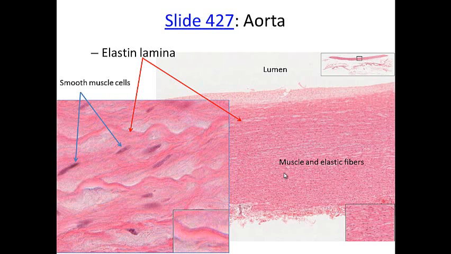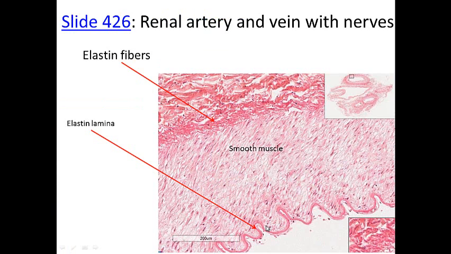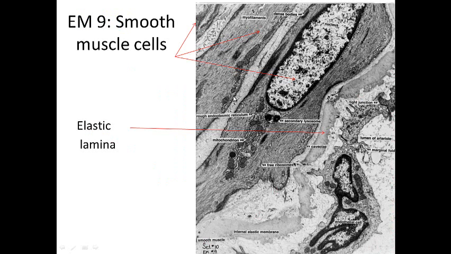And so here we see smooth muscle cells, but also the elastic fibers and the elastic lamina. Here's the internal elastic lamina in the muscular artery. So these are smooth muscle cells, and this would be the intima, media, and the adventitia. The adventitia is connective tissue with elastic fibers and collagen fibers out through there.